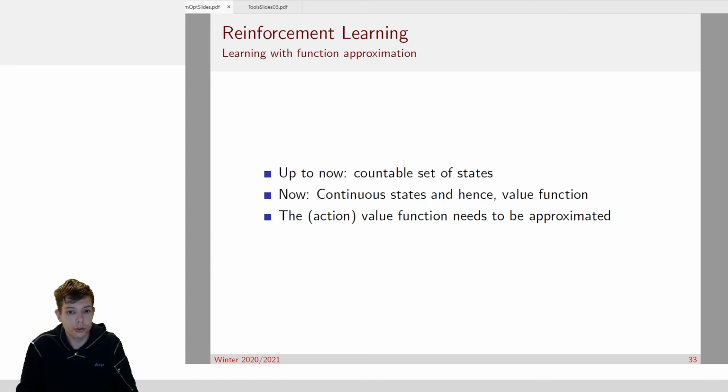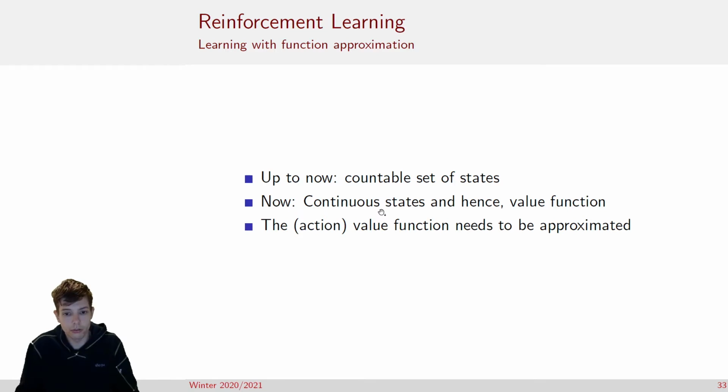So what we are going to do now is leave the countable set of states behind, and work with continuous states and hence continuous value functions. These do not necessarily need to be continuous state spaces. We can, of course, have a very large car rental, up to 500 cars in each location.